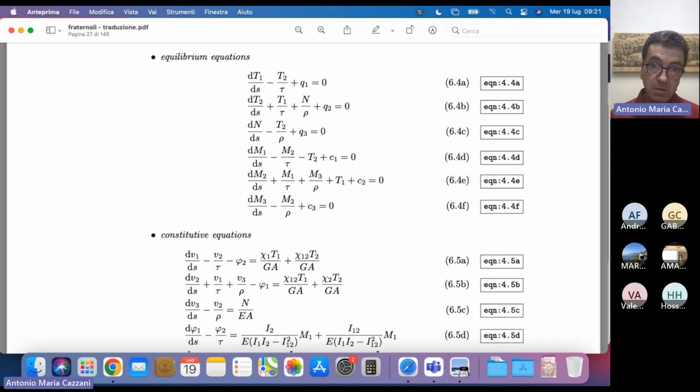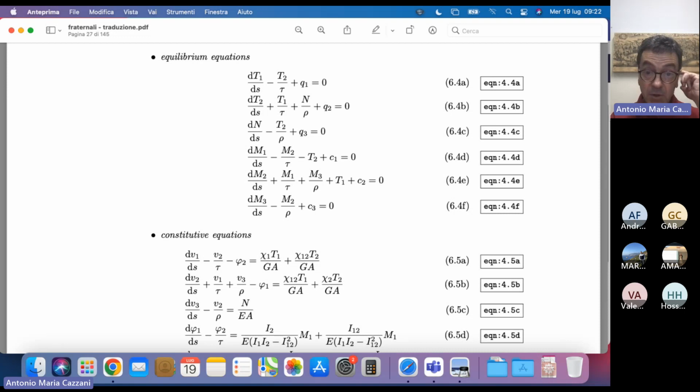Then we have seen what we mean by beam, a particular solid which behaves in such a way that its curved axis line can deform freely, but the cross-section, which is at the beginning perpendicular to the axis line in each position, is forced to remain plane. So the deformation of this solid is somehow restricted, and we can think of having some internal constraint which makes the deformation of the beam a particular kind of deformation.